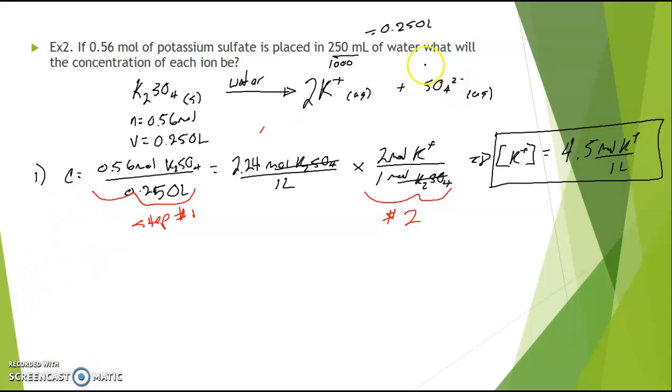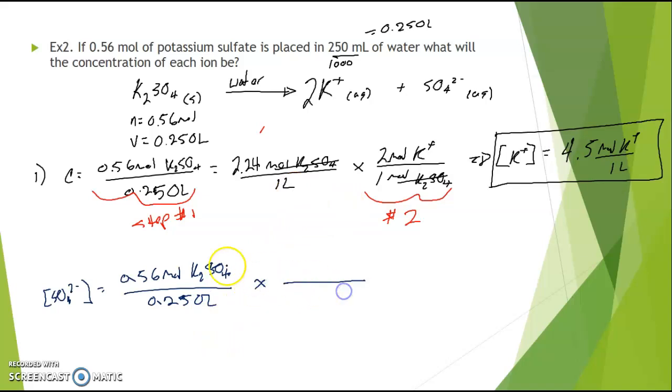So for our sulfate ions, if we start over at the beginning, we want to find the concentration of sulfate ions. We just start with 0.56 moles of potassium sulfate over 0.250 liters. So we are just going to multiply that times our mole ratio, which is 1 mole of sulfate ions for every 1 mole of potassium sulfate.